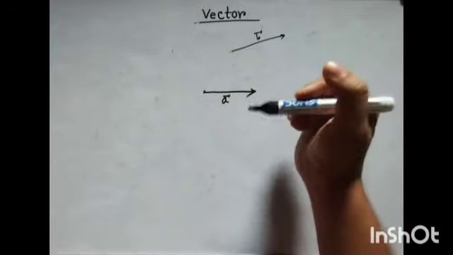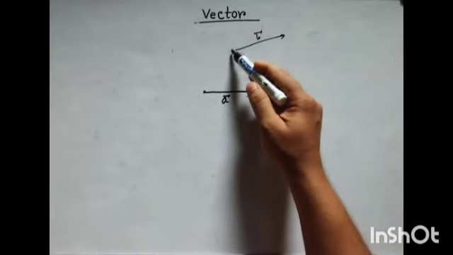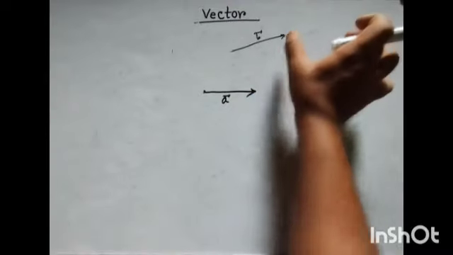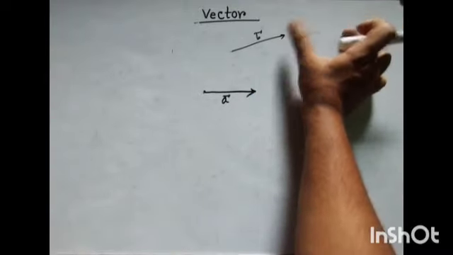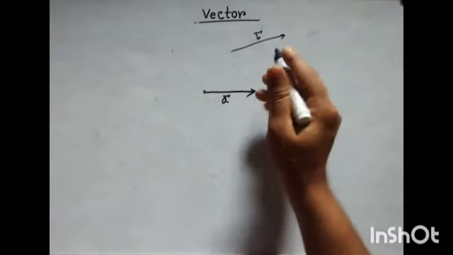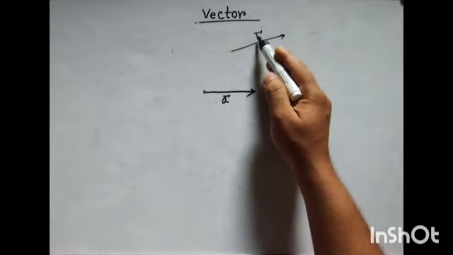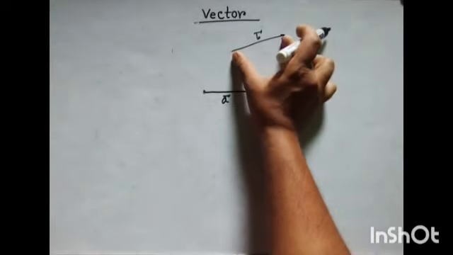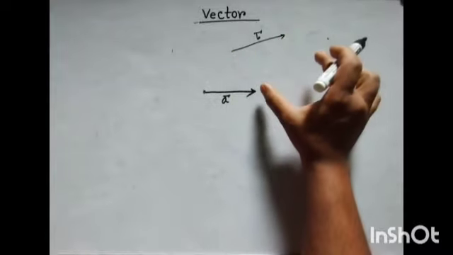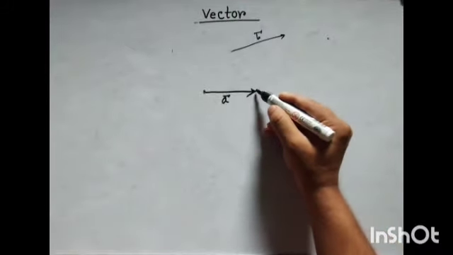Or you can do it another way: draw the parallel vector of a vector from the endpoint of b vector. So now, following the law of triangles, I have to draw a parallel vector of b vector from the endpoint of a vector, and let's do that.